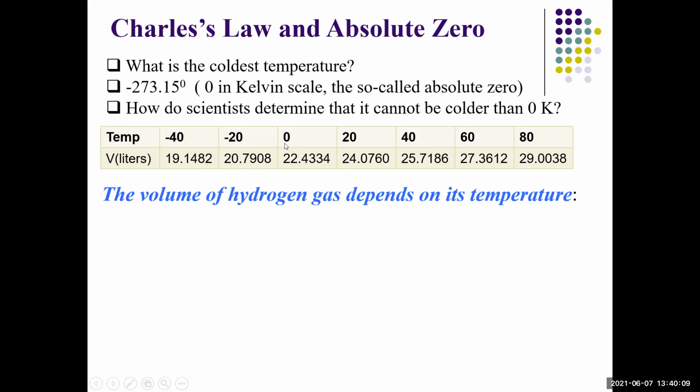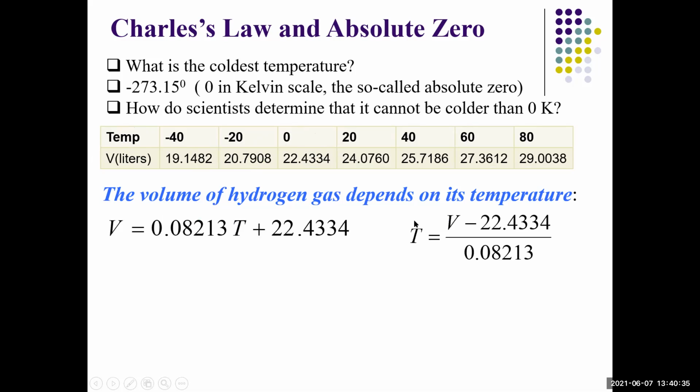At 22.4, it's 0 degrees, etc. So they were able to establish the function relating the temperatures and the volume of the hydrogen gas. Then they can come up with the formula here. Basically, the volume could be calculated based on the temperature T. Or if you solve for T, the temperature depends on the volume.